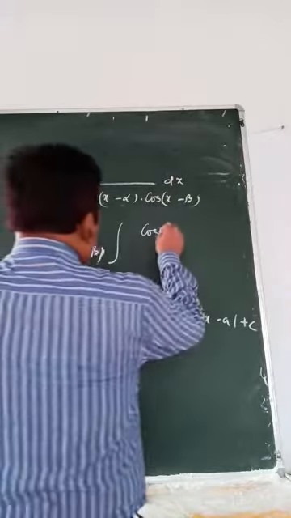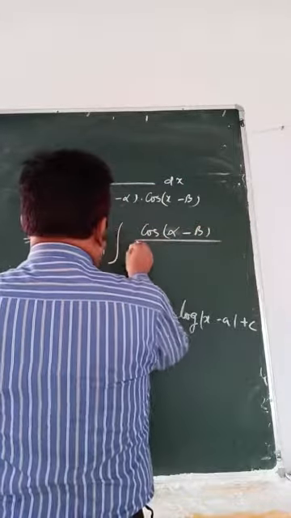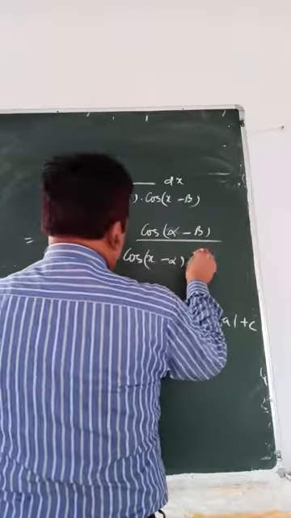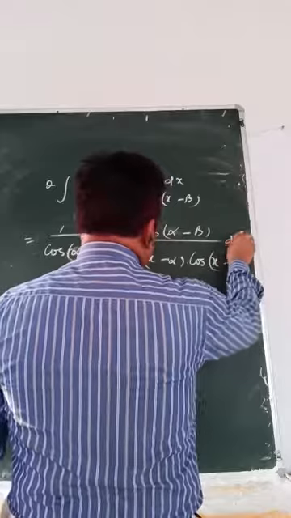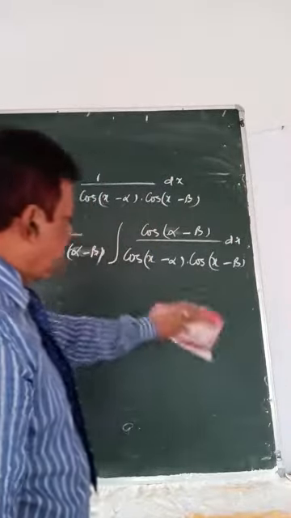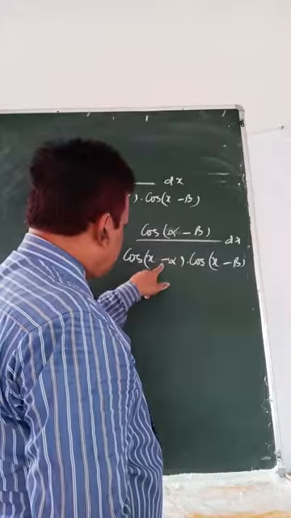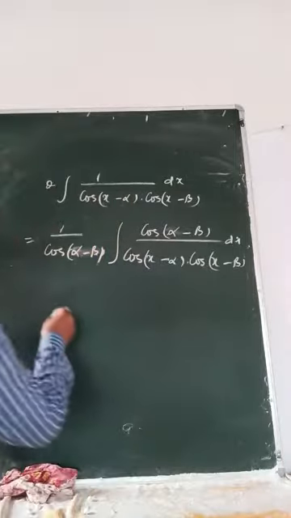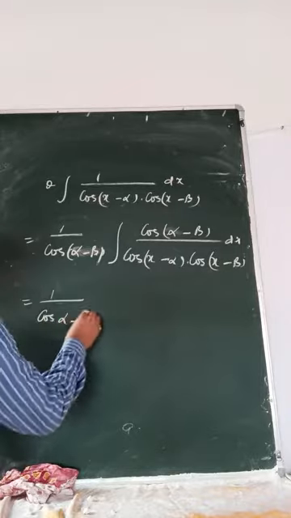The cos alpha minus beta by cos x minus alpha cos x minus beta. So then you have to create x minus alpha, x minus beta here. How to create? Look here. This is 1 by cos alpha minus beta.